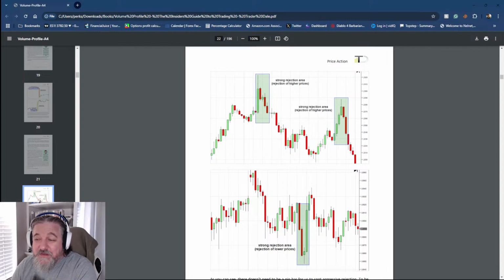We learn this information somewhere, right? I didn't just suddenly go, hey, and develop volume profile. I don't think there's anything in trading that hasn't been discovered. I could be wrong. Maybe somebody finds the next amazing thing.